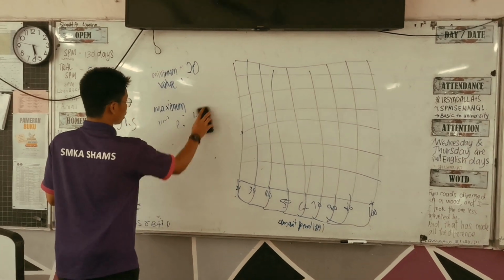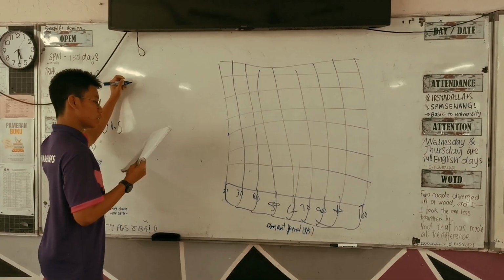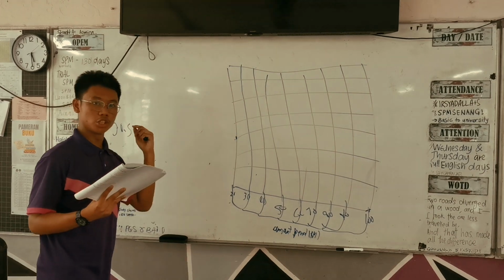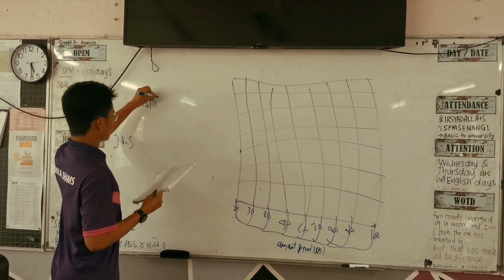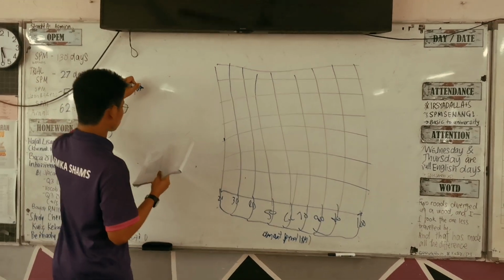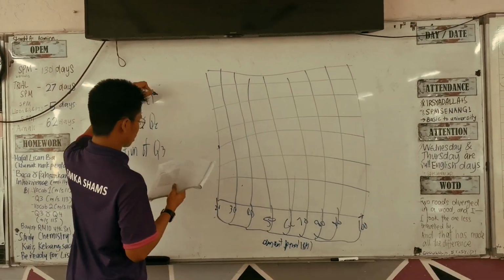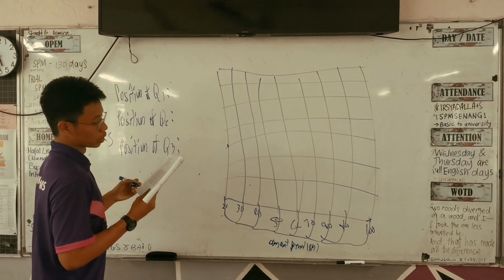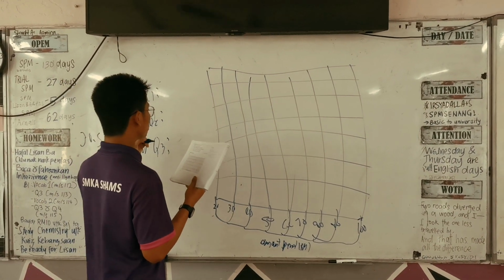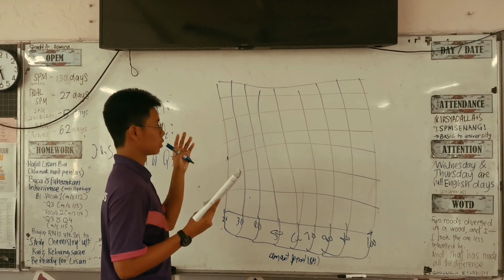Firstly, before we actually create a box, we need to know the positions of Q1, Q2, and Q3. Okay. To find the position of these three, we need to know the maximum value of the cumulative frequency.